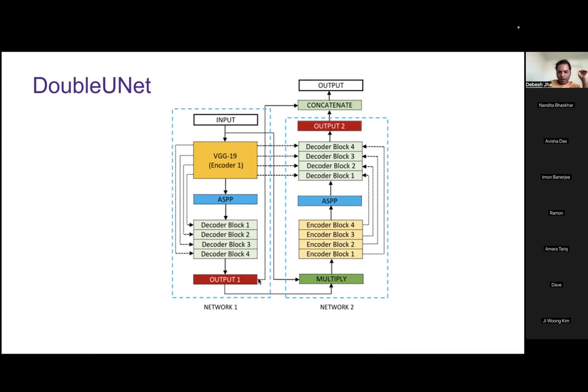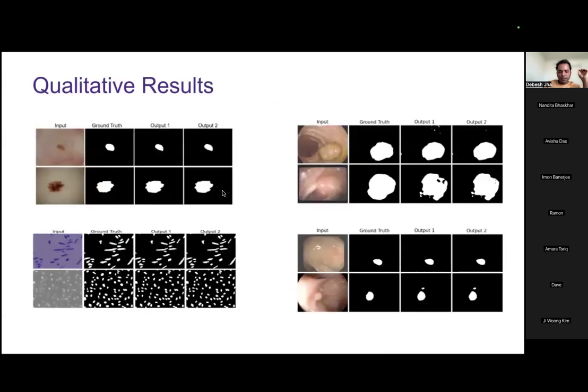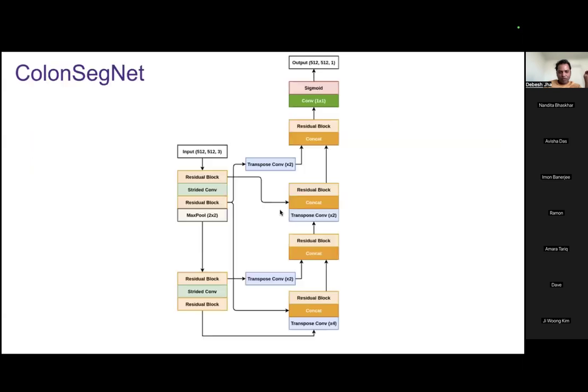Again we concatenate output 1 and output 2, and we get the refined output. This architecture showed state-of-the-art performance on 4 datasets, and it was really strong. Until 2022, 2023, it was top on the leaderboard.